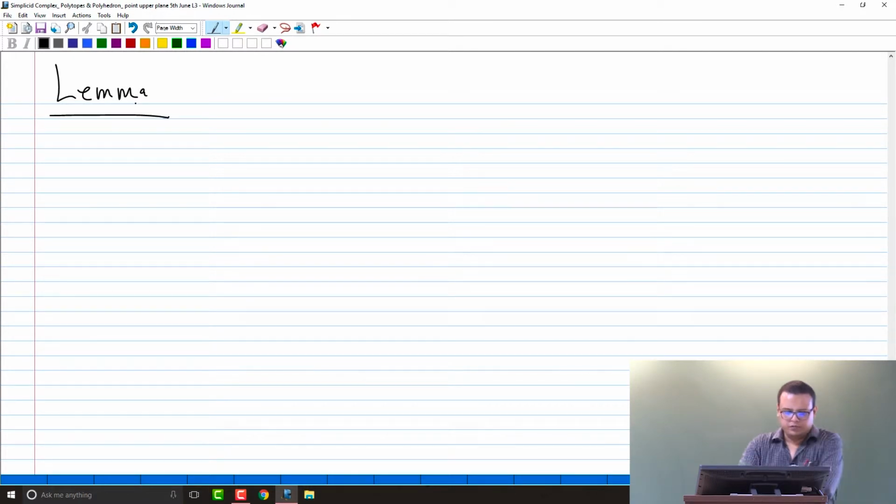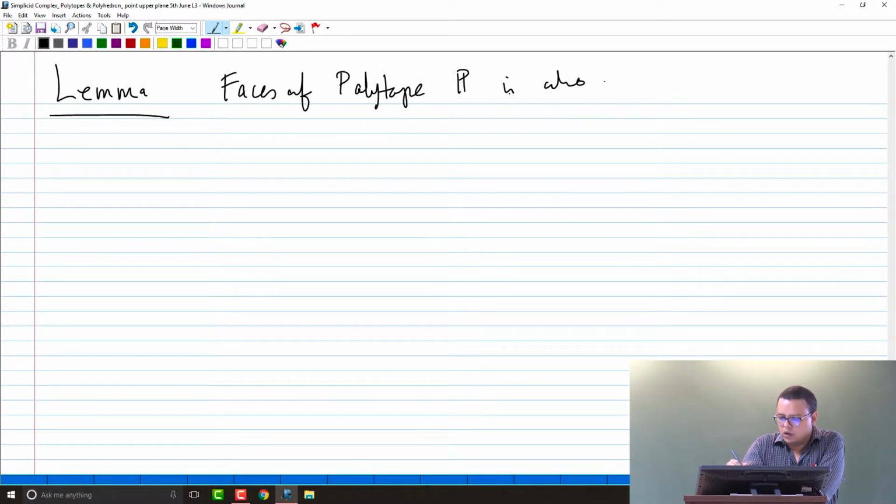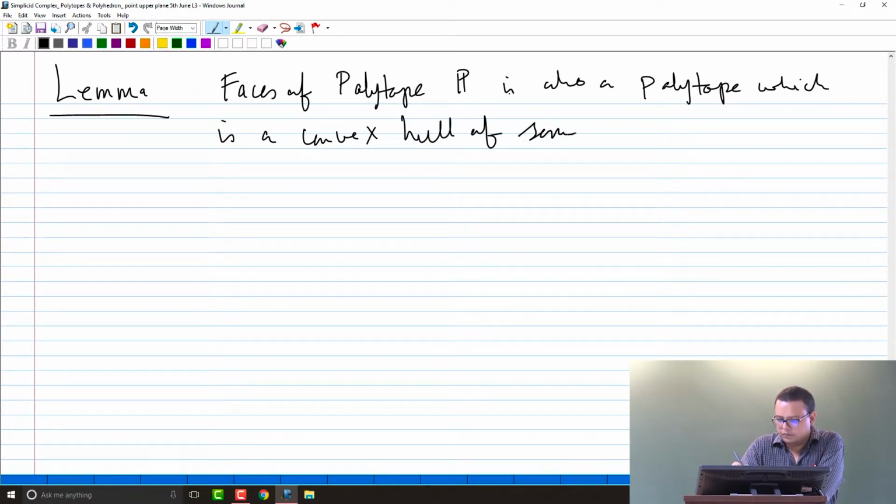So, let us do a small lemma here. What I want to prove is the following: faces of a polytope P are also polytopes.